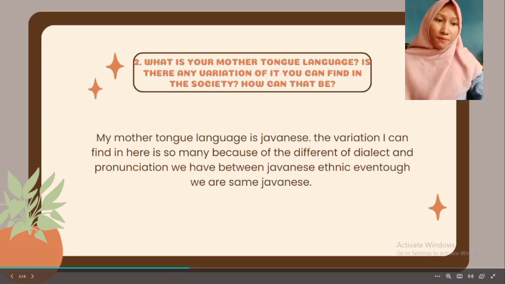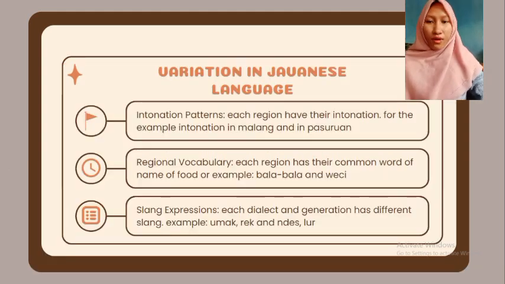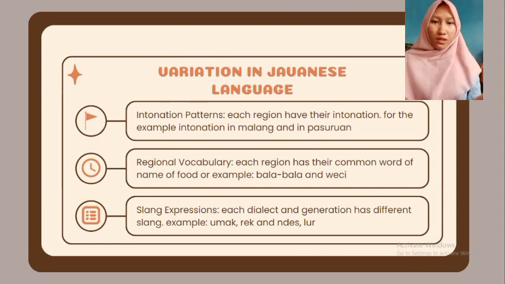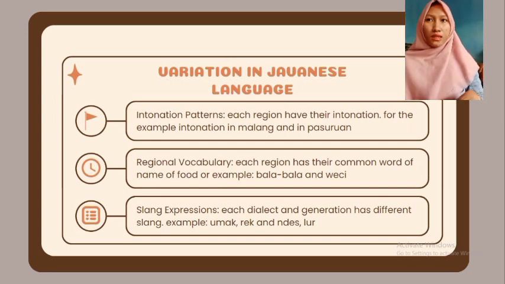So how can that be? It's basically because of variation within language. It can be because of different regional vocabulary, or because there is a generation gap between the young and the older, or maybe because they have different intonation patterns in their language, something like that.